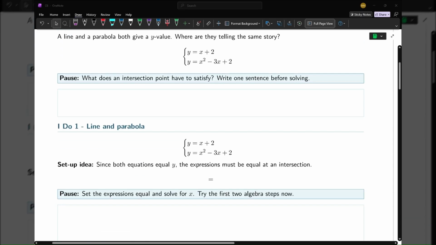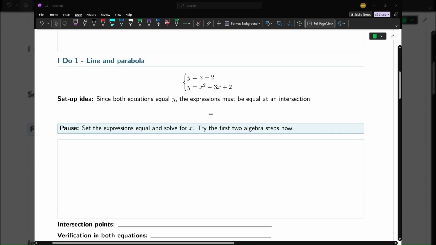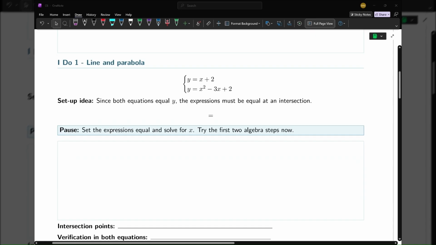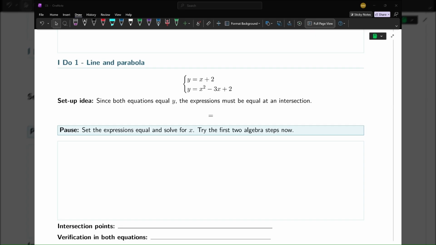Okay, so take a look at I do 1 here. It's that hook question. You can see your line and the parabola. Again, our prompt here is, what does an intersection mean in a system of two linear equations? In those, we saw they were just the intersection points. With two linear equations, I'll sketch them up here, we really had three cases.